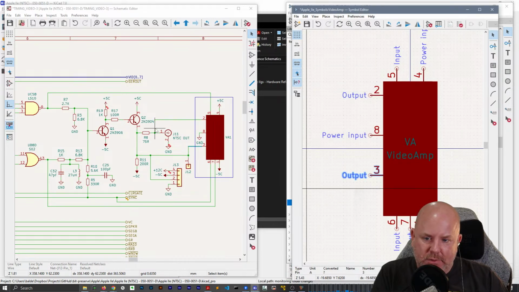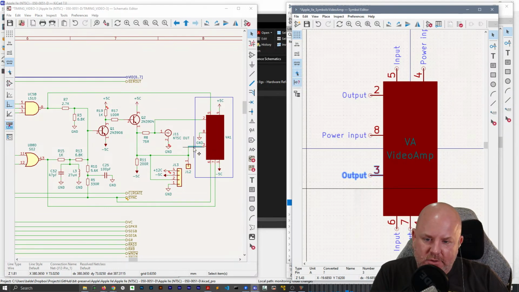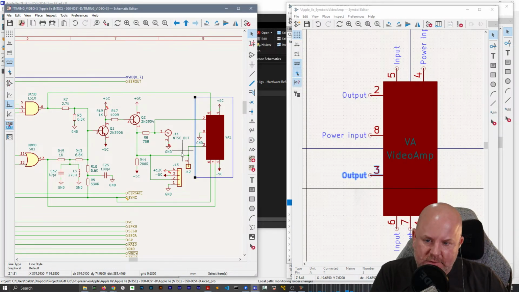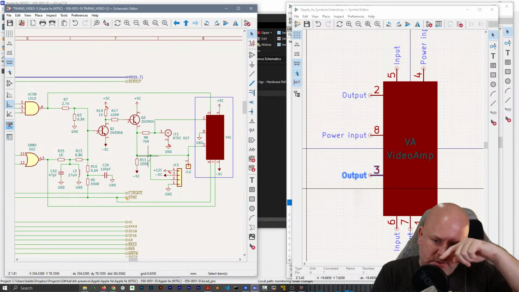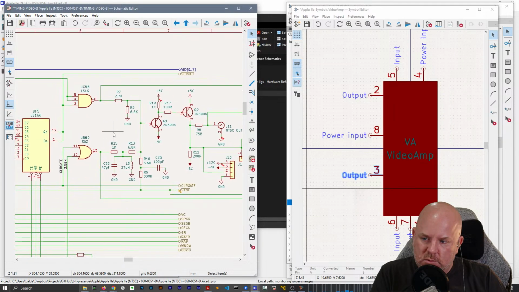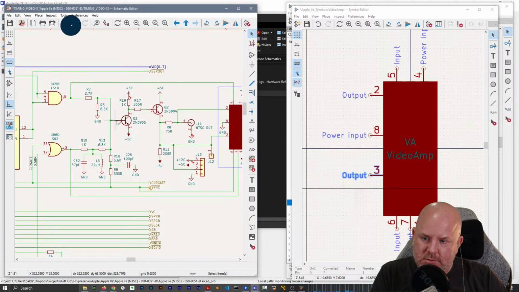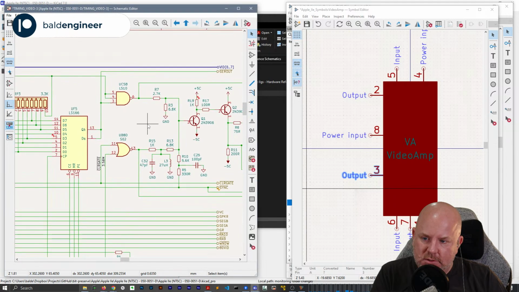Pin 2 is probably, I'm just trying to think why you would do it this way, but pin 3 looks like it wants to yank the signal down, so that's why I'm thinking this generates the sync pulse. And then since the color gate, color burst comes in through here as well.